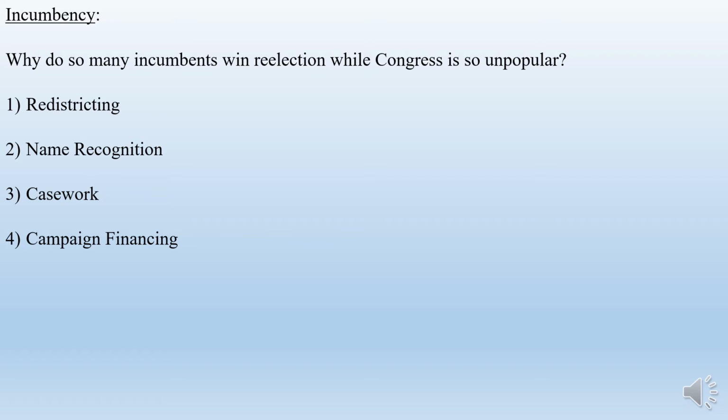Constituents will write letters, email, call about some problem they're having in their own personal life, and these individuals will solve these problems for them in one way or the other. And in many cases, you may not like their stances on abortion or gun control, but they did something to help you personally, and you remember that and you appreciate that.